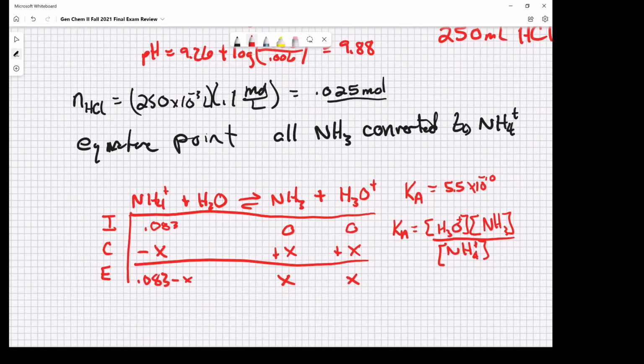And now we can throw these into our Ka equation. We're going to again make the assumption that this minus X is very small and that it can go away right here. Okay? And so our Ka is going to be equal to X squared over 0.083.